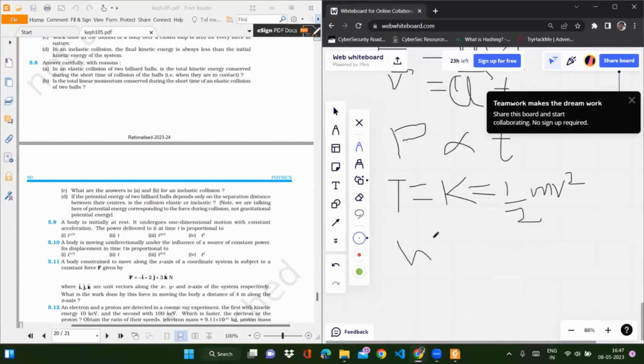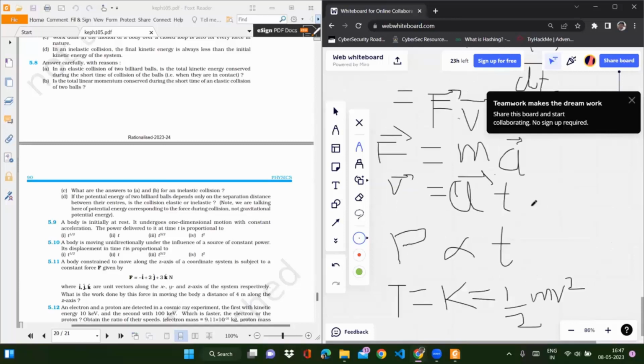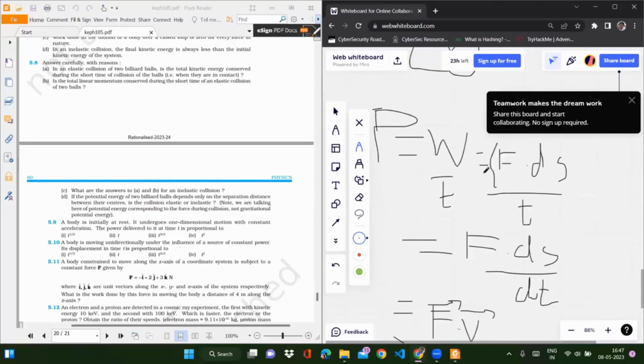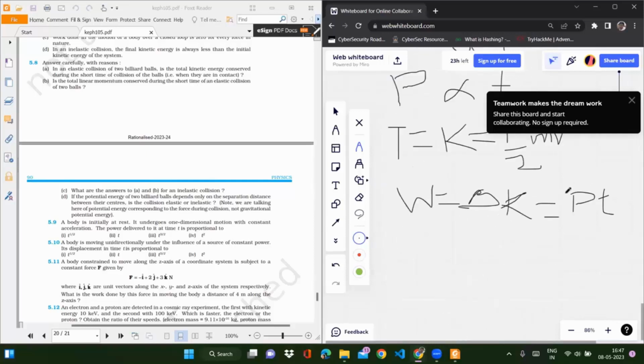And we know that work done, which is nothing but the change in kinetic energy, delta K equals power into time. As power is work done per unit time, work done equals power into time. As the power is constant, so kinetic energy is proportional to t.